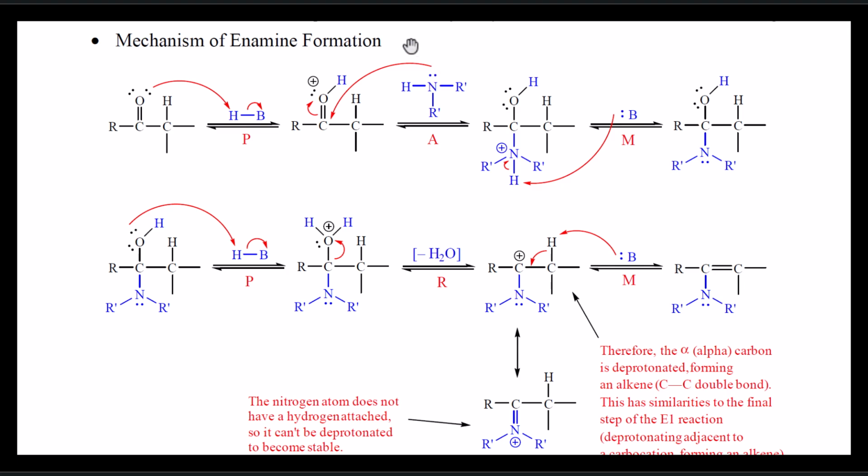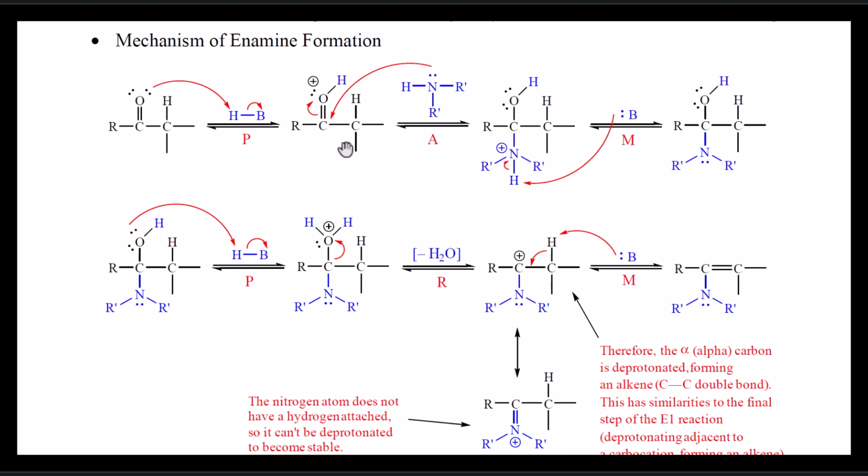We then add the secondary amine. When it adds, it has both carbon groups plus the hydrogen attached. So the resulting molecule has 4 bonds to nitrogen and a positive formal charge on nitrogen. We then deprotonate the positively charged nitrogen in order to make it stable.